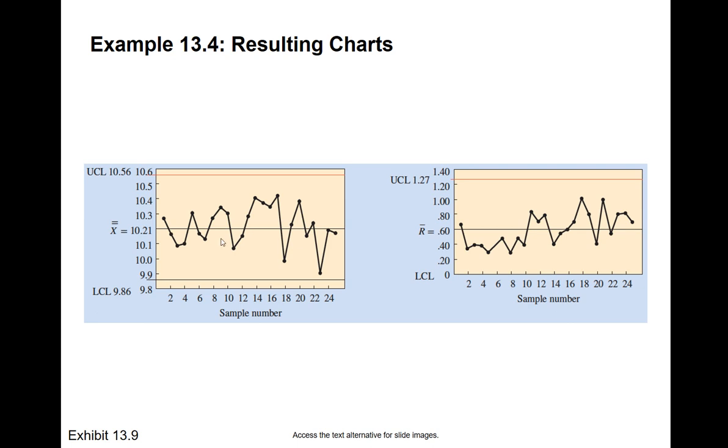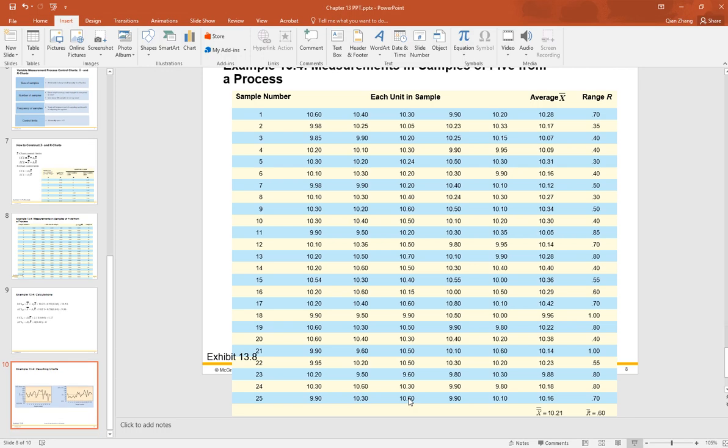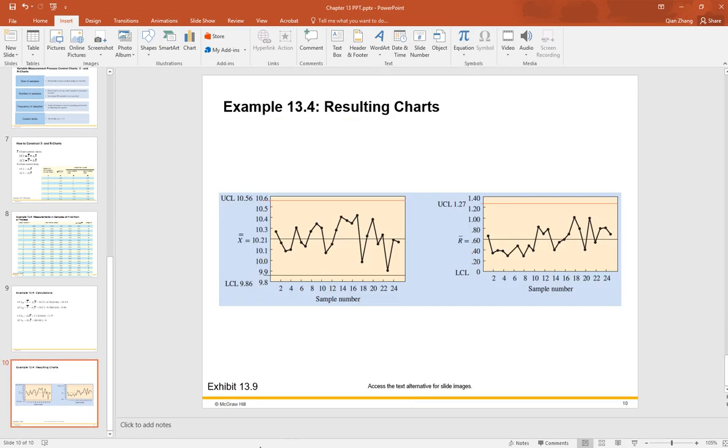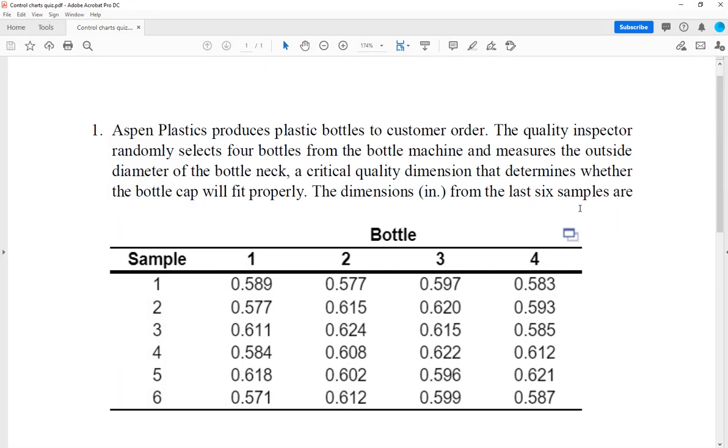Here, we can calculate the limits with a calculator according to the formulas, and you can draw the control charts by yourself, by hand, but I also want to introduce another way to draw the control charts. So take a look at the exercise problem.